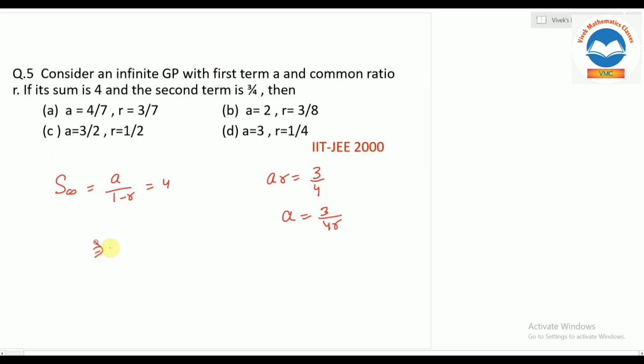So here we will get a will be equal to 4 into 1 minus r. Substitute here a value. So we will get 3 by 4r will be equal to 4 into 1 minus r. Multiply this. 3 will be equal to 16r minus 16r square. So what we will get?